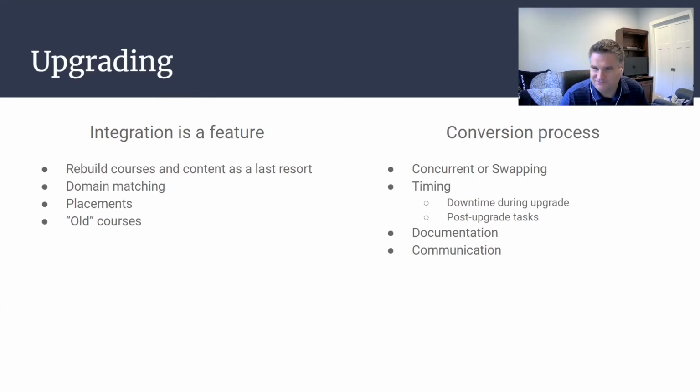If you have 4 or 5 years of courses in there and only one semester is active, you have almost 10 times your workload of updating old courses that no one will probably ever look at, for this new course that's happening in the future. So if you do an upgrade, you've got to think about that as well. If there is a requirement to rebuild content and courses, what do you do about the old courses? Do you still have to do that? And what do you want to handle there?